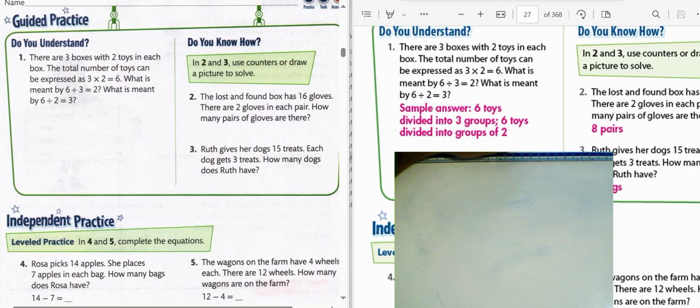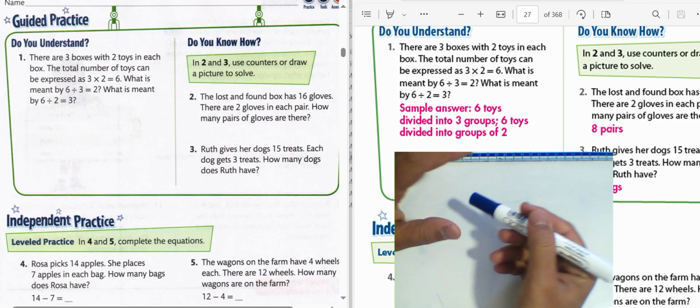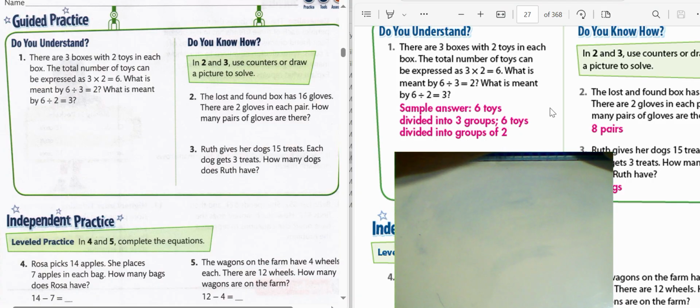Okay, it's question number 1. Question number 2. The lost and found box has 16 gloves. There are 2 gloves in each pair. How many pairs of gloves are there? You can tell me 16 divided by 2. 16 divided by 2 equals 8. You can use any method as you like, okay? But in this example, you must know the table.